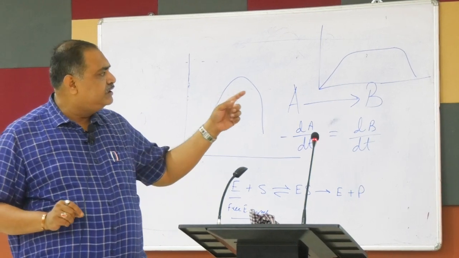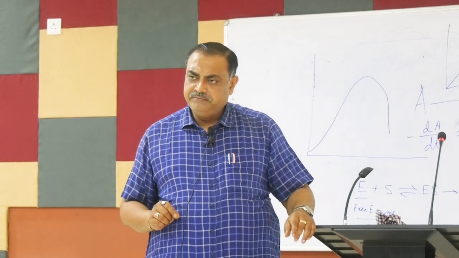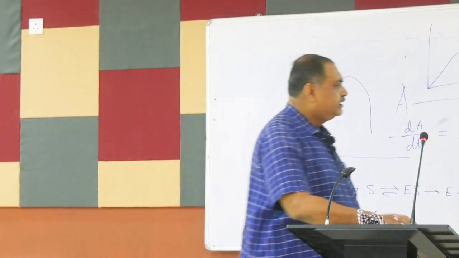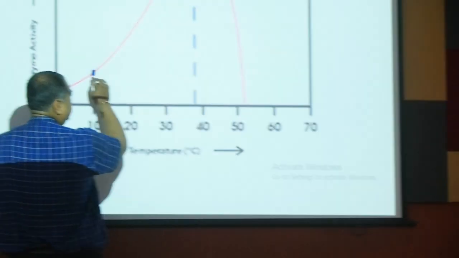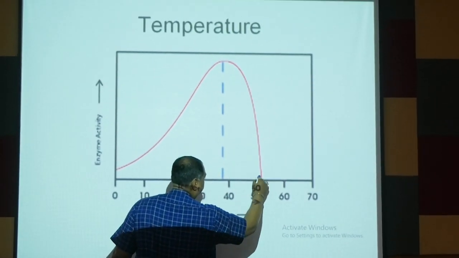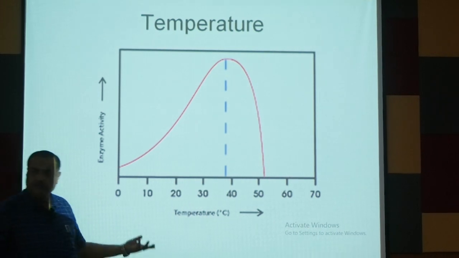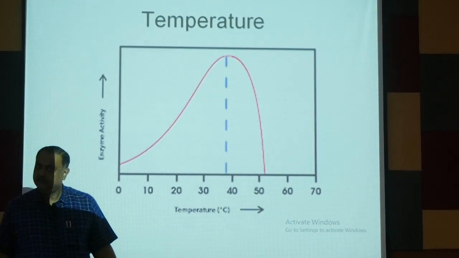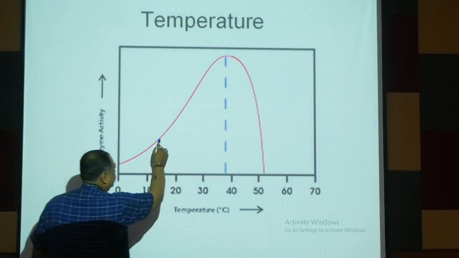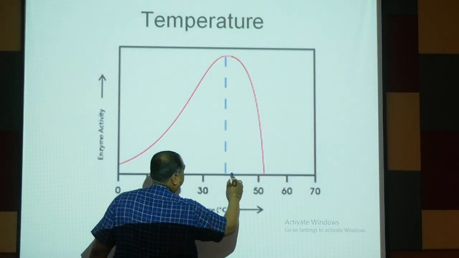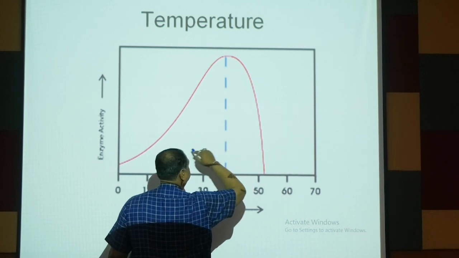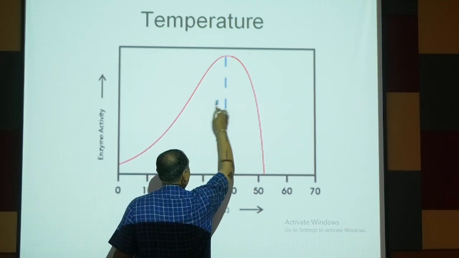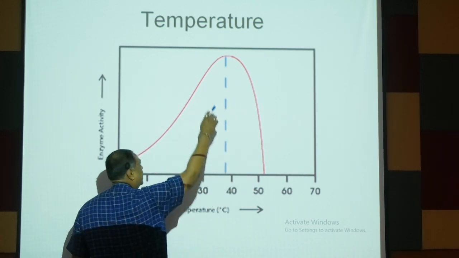Now, the 7 values will be increasing initially, then decreasing. So sometimes you might get, say, around 50 at 10, the same value, correct? Then 20 will be like this, 40 high, 30 high.